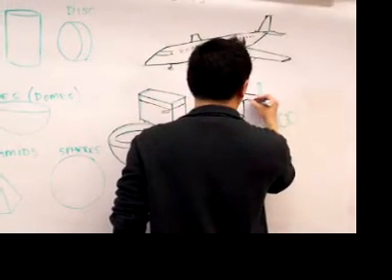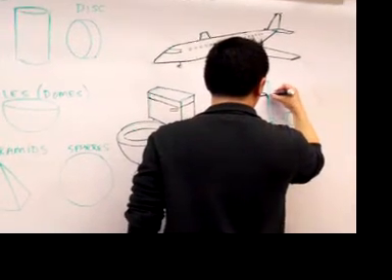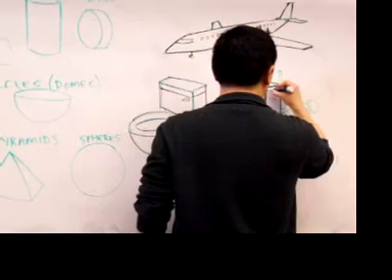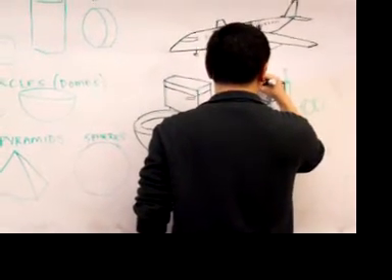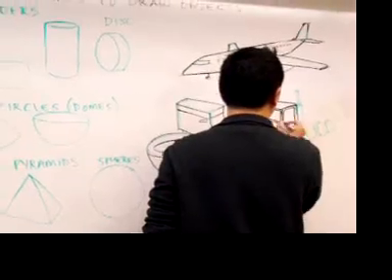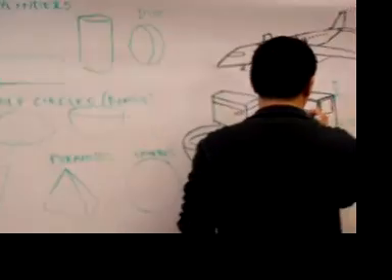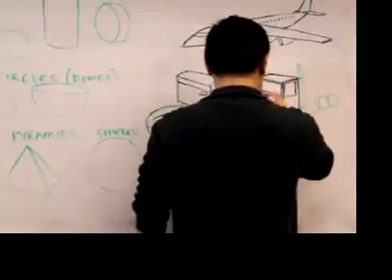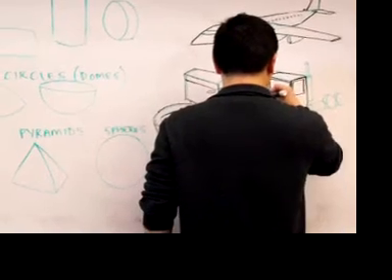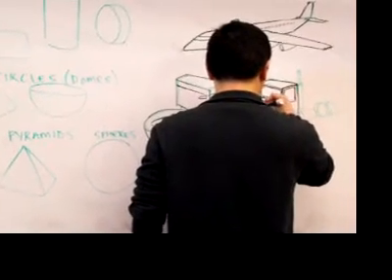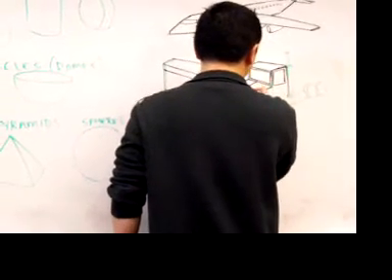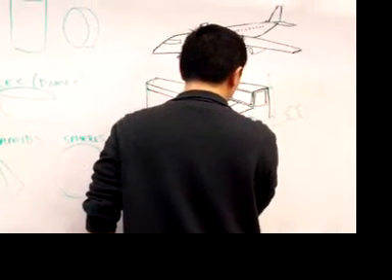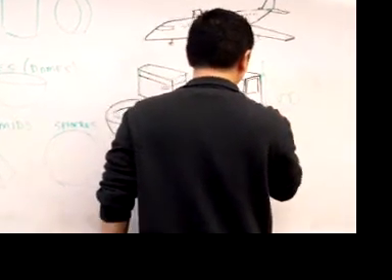and darken in the lines. Add some windows. Add the grill.